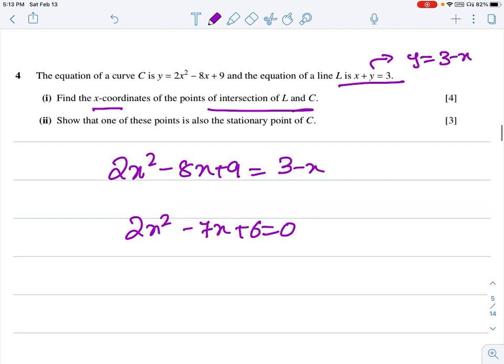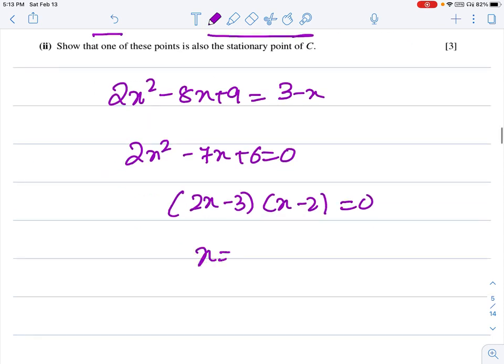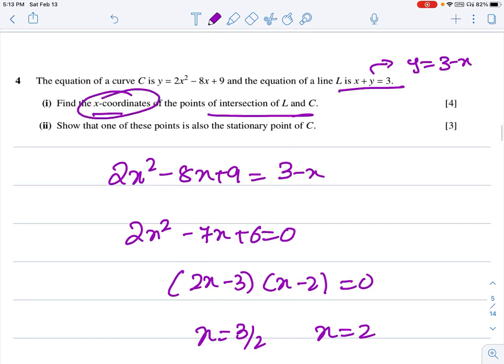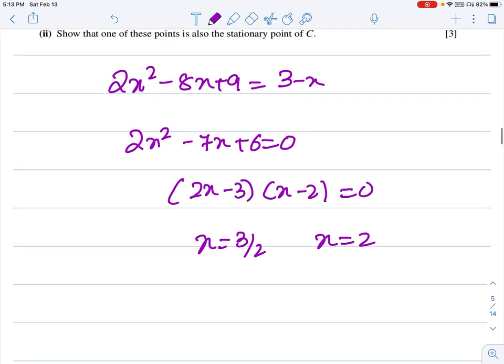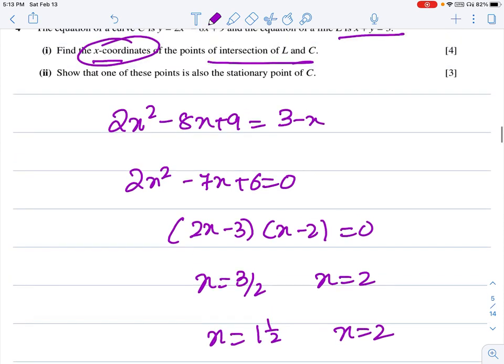So factorize this. It becomes 2x minus 3 times x minus 2 is equal to 0. I get x is equal to 3 upon 2, x is equal to 2. He's asking for x coordinates, so both are the answers. x is equal to 1 and 1 upon 2, x is equal to 2. Write always in mixed fraction.